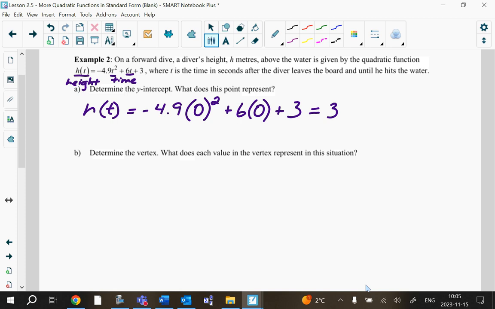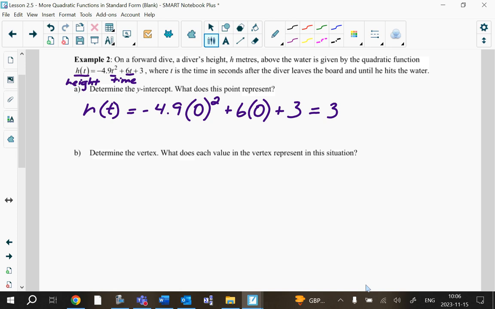Well, what does t represent again? Time. And we made time equal to 0. And when we made time equal to 0, height was 3. Explain that to me. Okay. At 0, what are the units in this question?